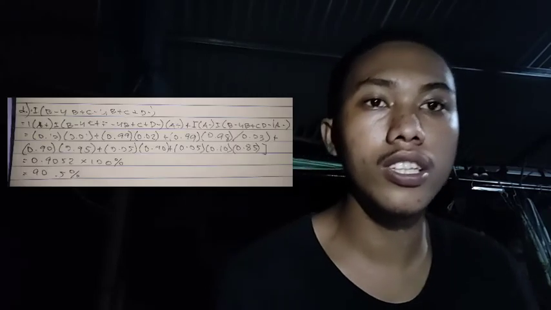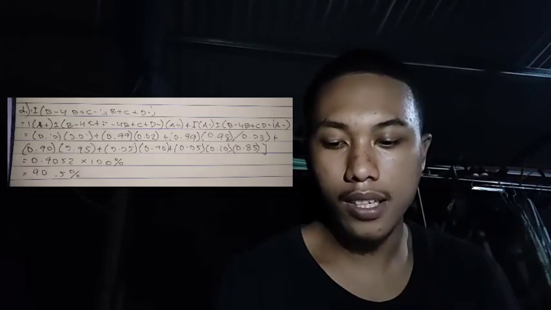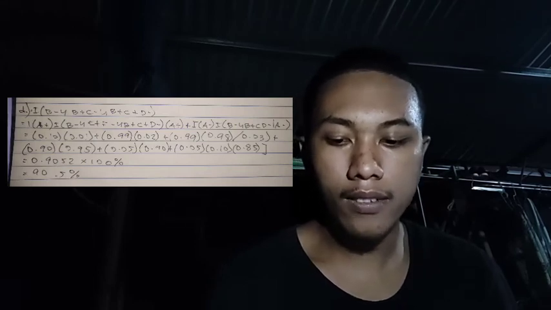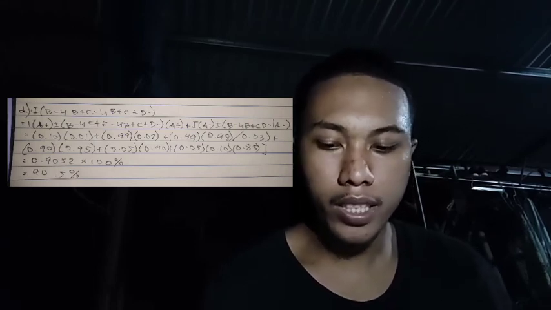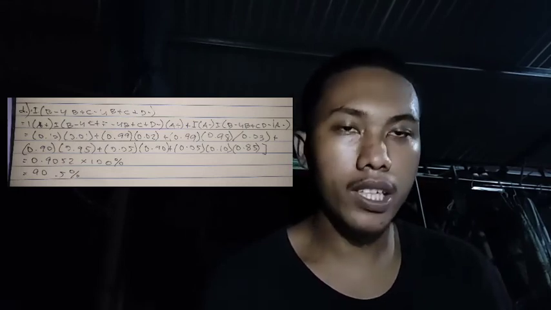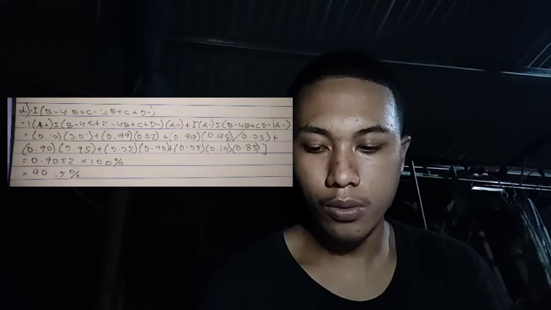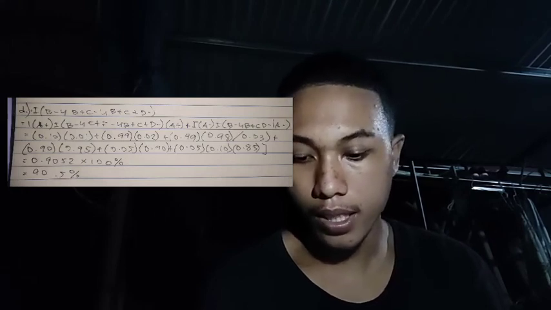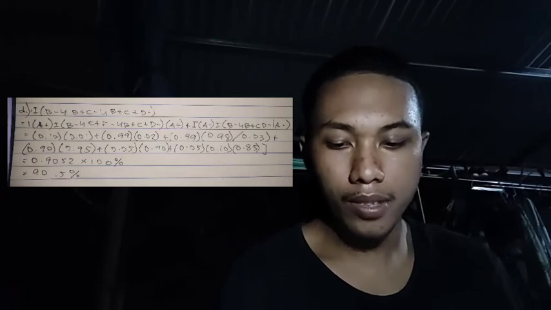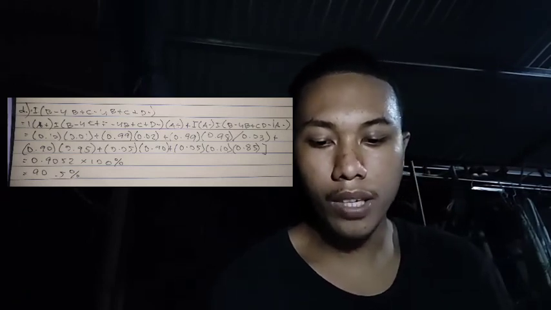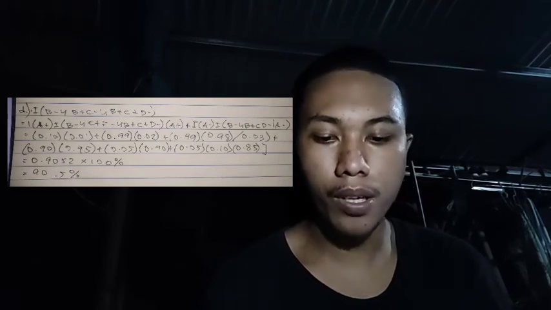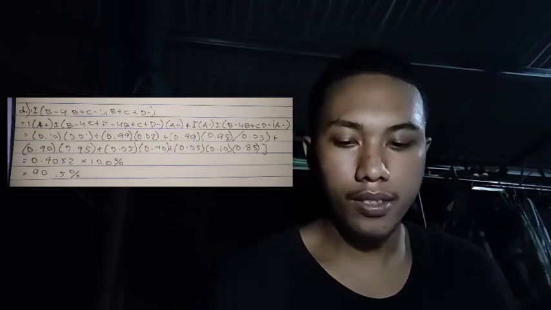The solution in this problem is P times B negative union B positive C negative union B positive C positive D negative.